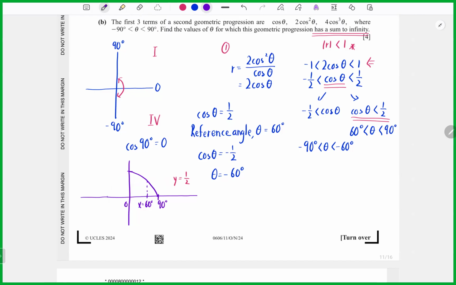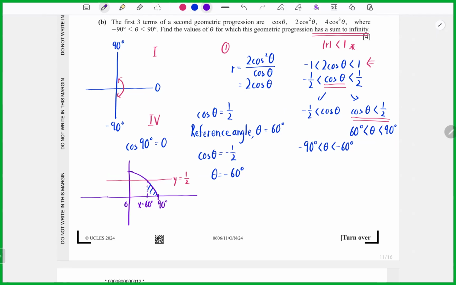This is for positive part. So they will happen here between. So you will get this answer.